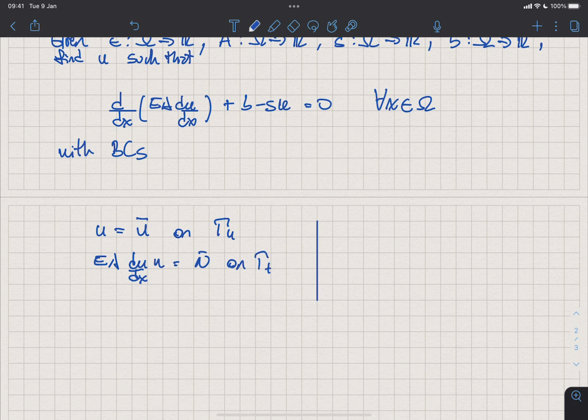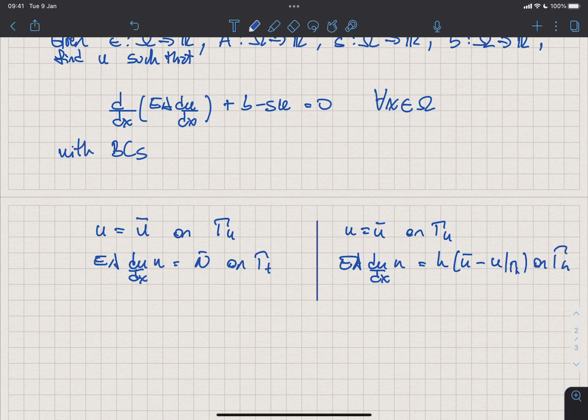And then we can potentially have another type of boundary condition. Let's say U is equal to U bar on omega U, and then EA du dx is equal to H times (U minus U bar) on gamma H, and so on.